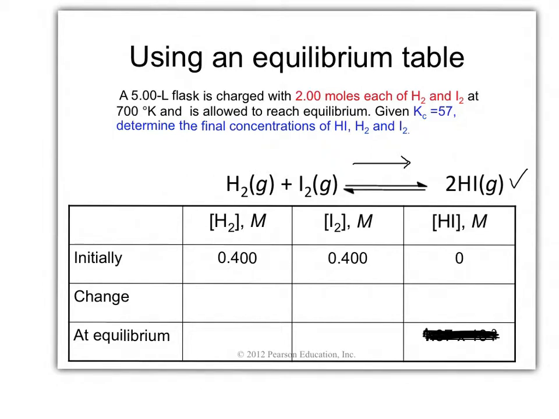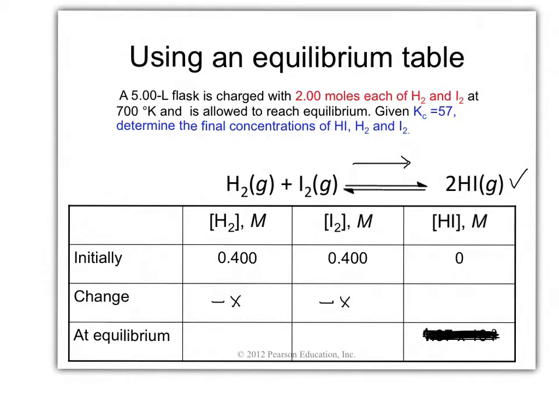I know I'm going to lose some amount of my reactant. And since I don't know in this problem how much I'm going to lose, for each amount of reactant, I'll call that x moles, or x molar, will be lost.